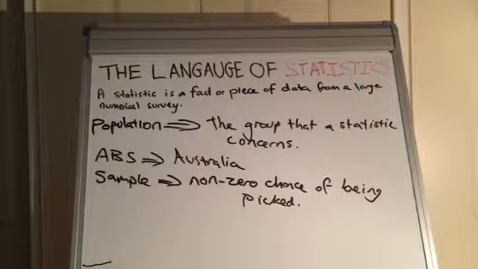statistics. If you maybe go to a club of people who love the colour yellow, and you ask them what their favourite colour was, and they all said yellow, of course, then it probably wouldn't be a really good representation of, say, a town or the entire population you're looking at.